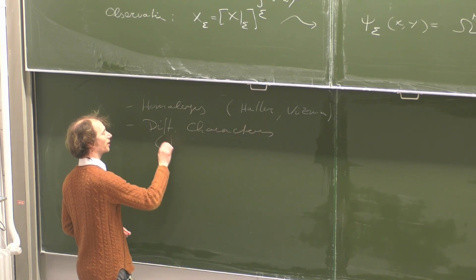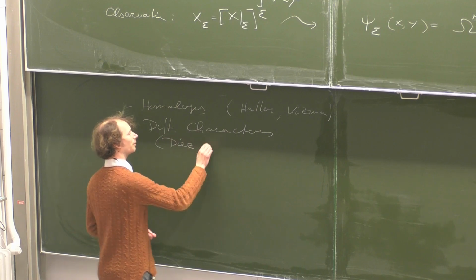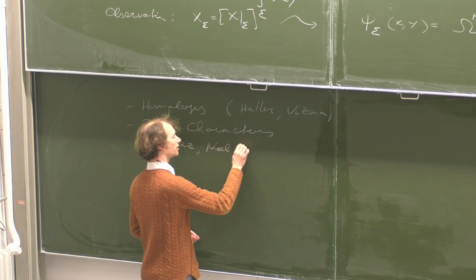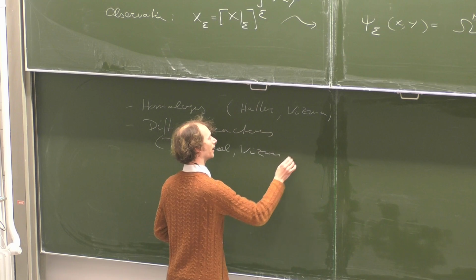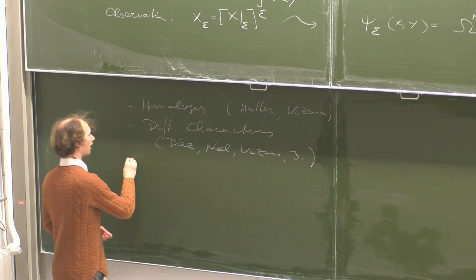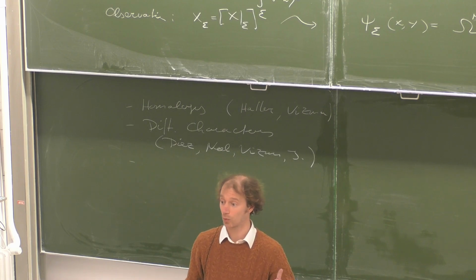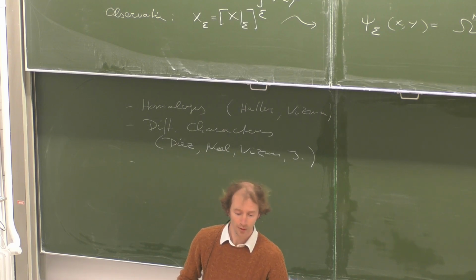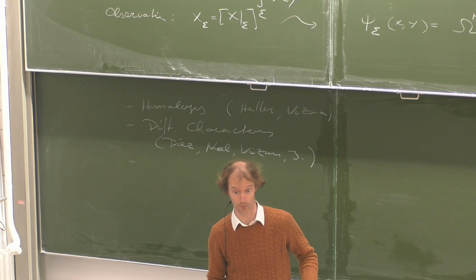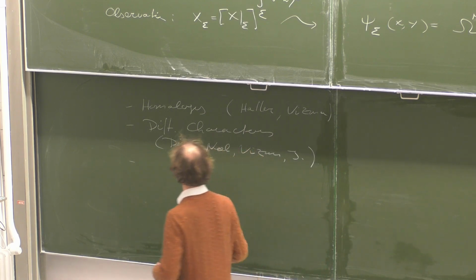This is joint work with Tobias Diez, Karl-Hermann Neeb, and Cornelia Vizman. And here's the nice thing. In 3 dimensions, there is one more way to get these pre-quantum line bundles, and that's by using bundle gerbes with connection.